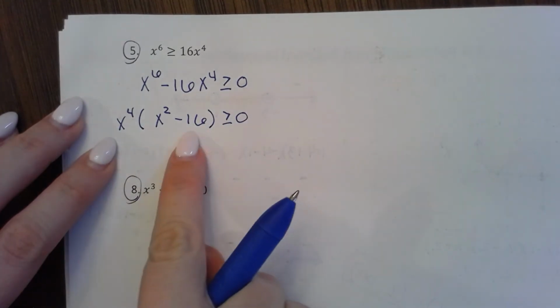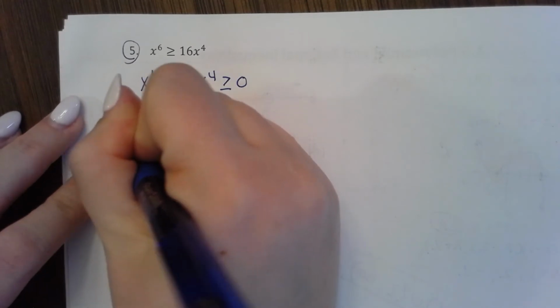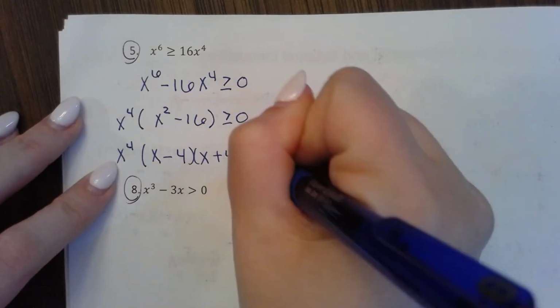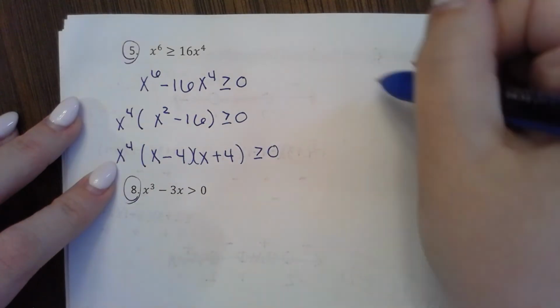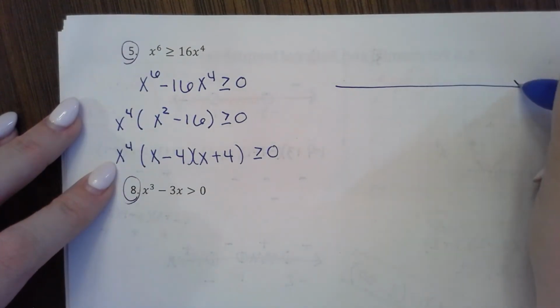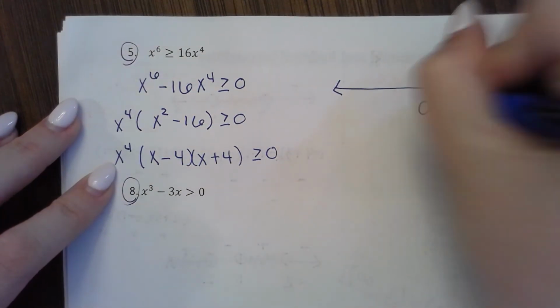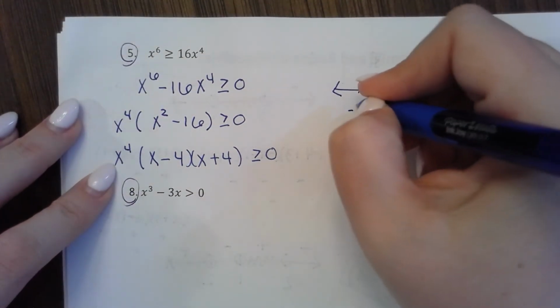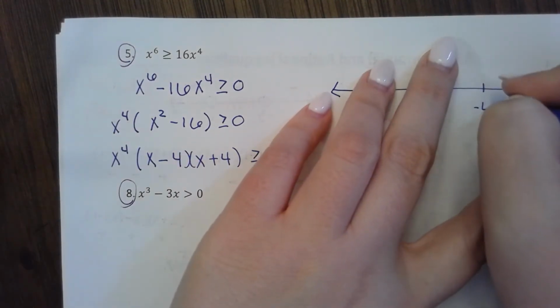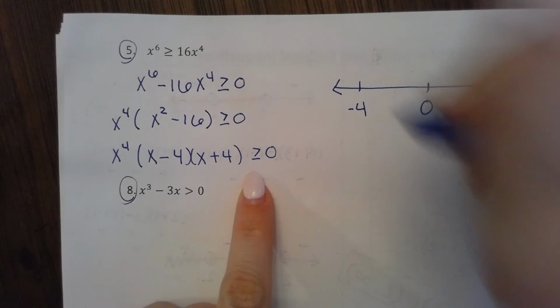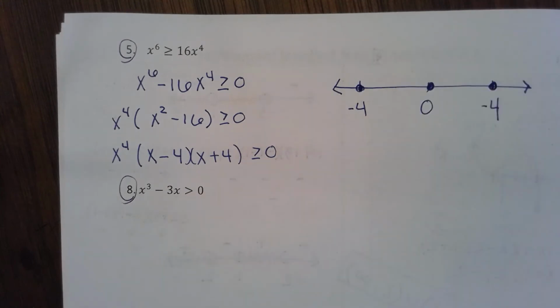And then this is the difference of two squares, so now we can factor again, giving us x minus 4, x plus 4. So on our number line, we've got 0, and then we've got negative 4 and positive 4. Because this is a or equal to, these are going to be closed circles.